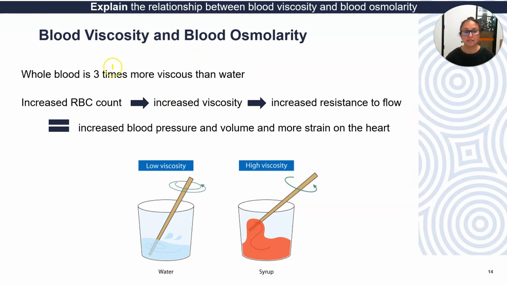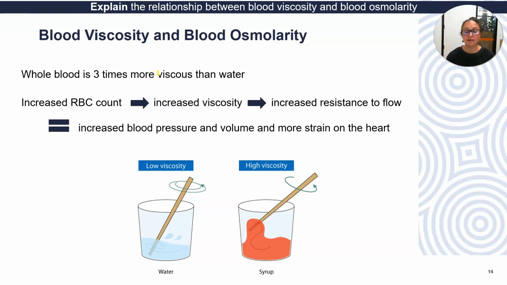Right, so blood is actually more viscous than water. So what does that mean? It means that blood has less flow or is more resistant to flowing compared to water.